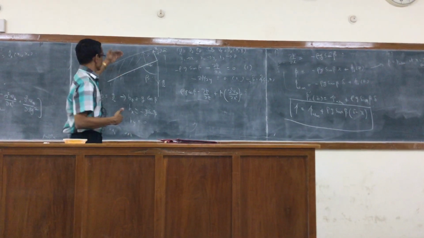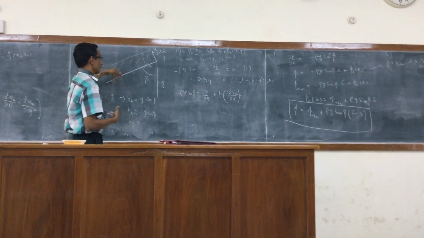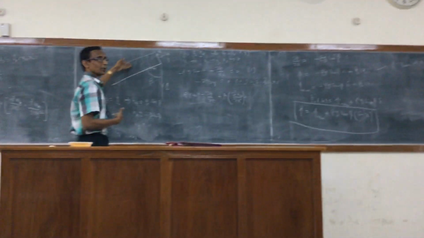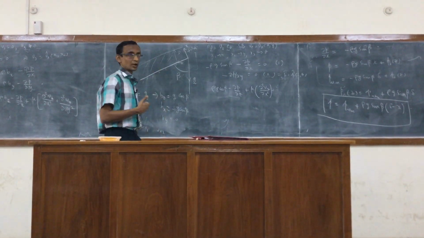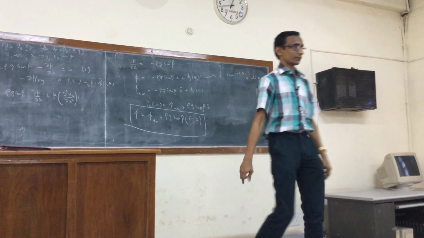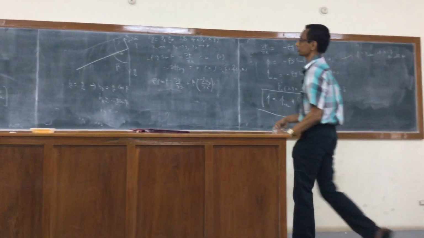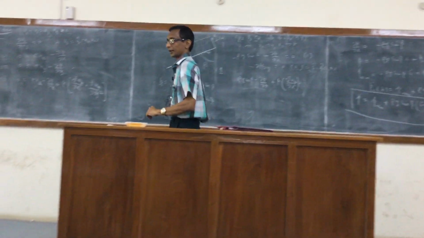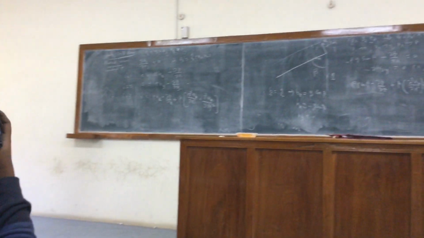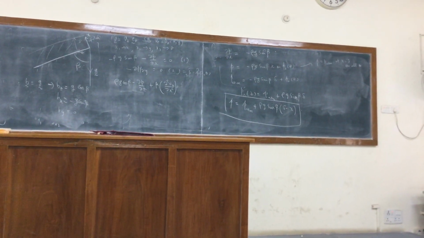The height is given by the variation in the x direction, but the hydrostatic pressure is exerted by the component of the acceleration due to gravity in the x direction. So that's why we get rho g sine theta.